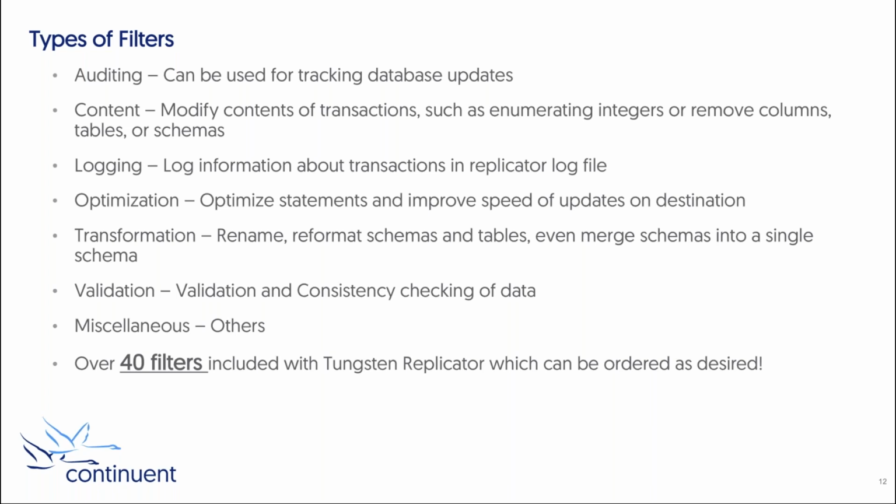We have transformation filters. These are extremely powerful. We can rename schemas and tables. We can merge schemas into a single schema, which is ideal for what we call fan-in replication, when we have multiple sources of data feeding a single target.